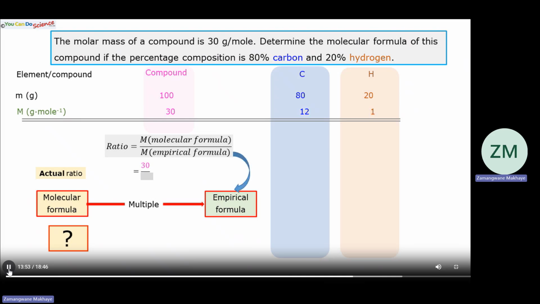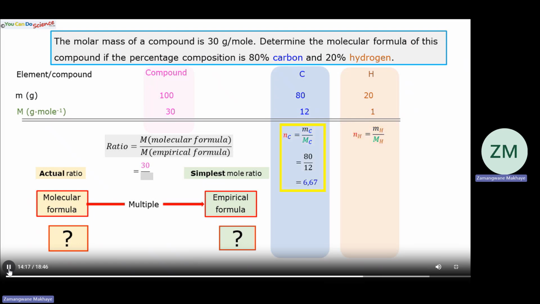To calculate the empirical mass, the empirical formula must be known. The empirical formula is determined by getting the simplest mole ratio between carbon and hydrogen. You know this equation to calculate the number of mole. Remember footnotes so that you can substitute the correct values.